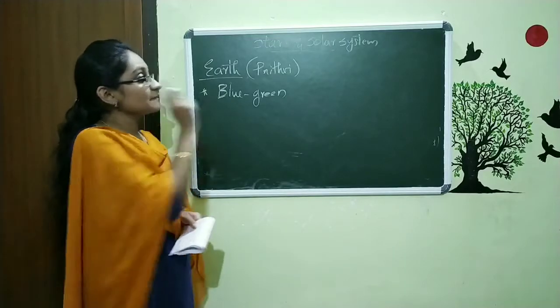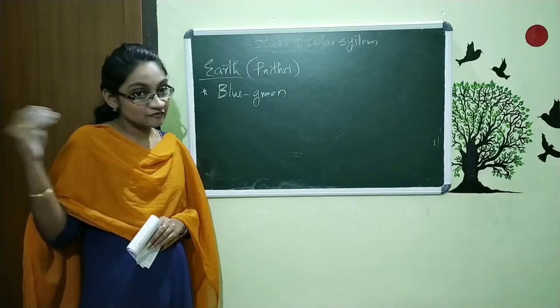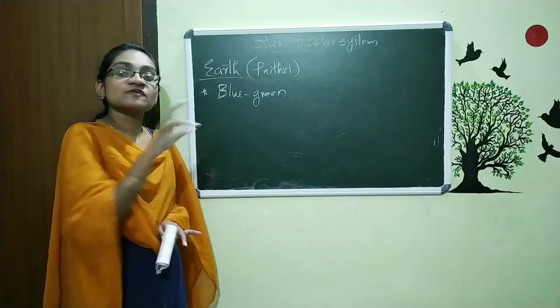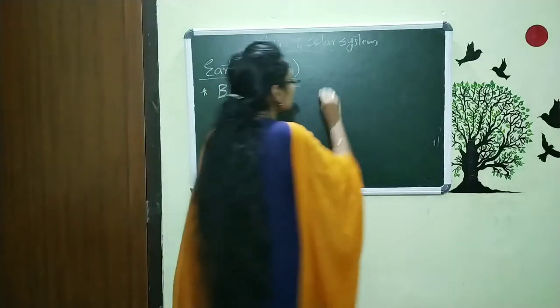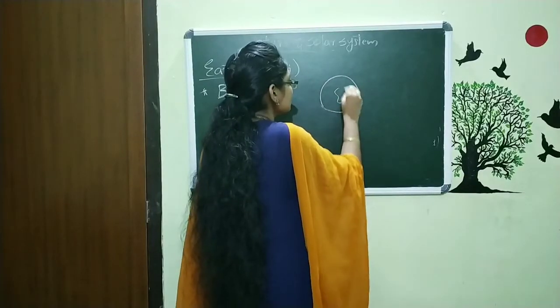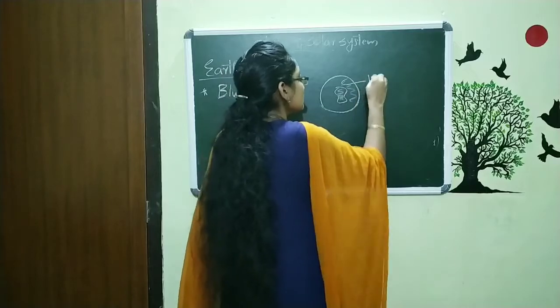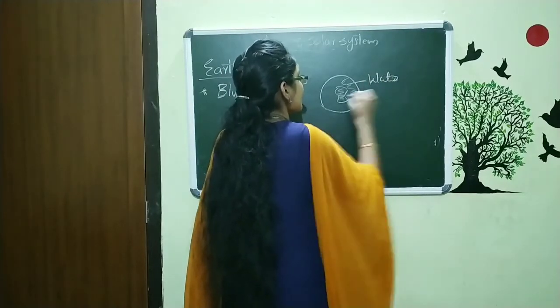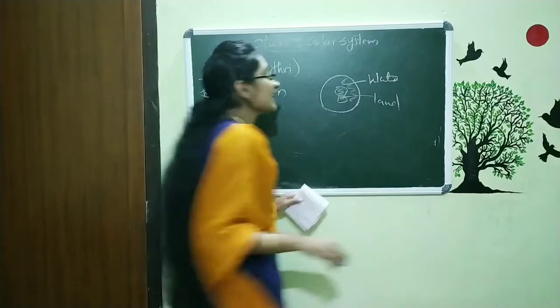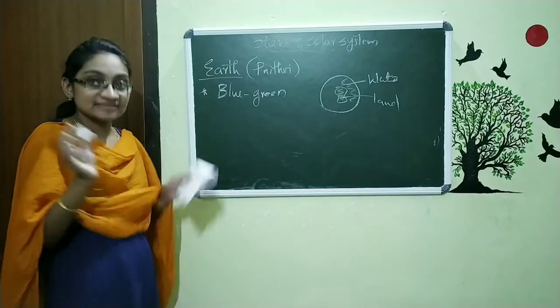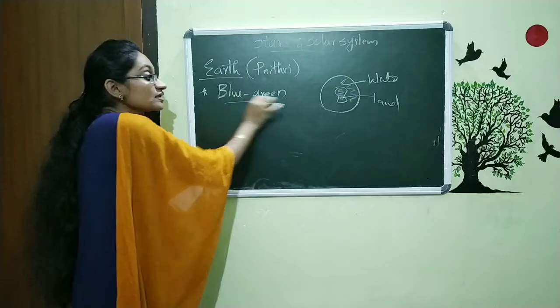I already said that the planet has its color from the reflection of sunlight. So, what is there on the surface of our Earth? On our Earth's surface, we have land and also we have water. The light which is reflected from the water and the land has the color blue-green.